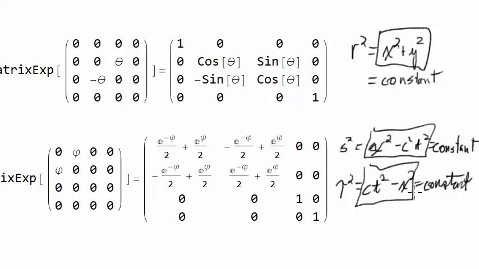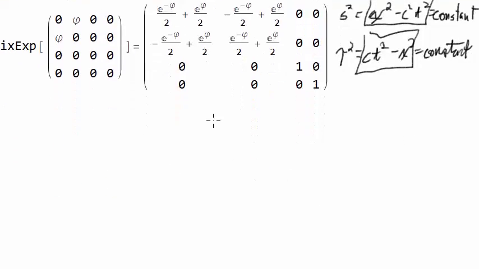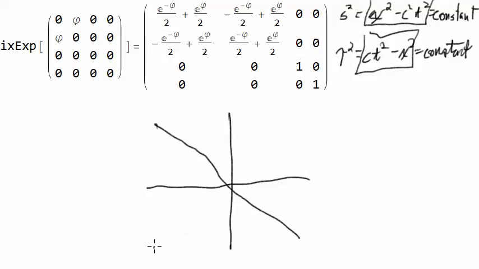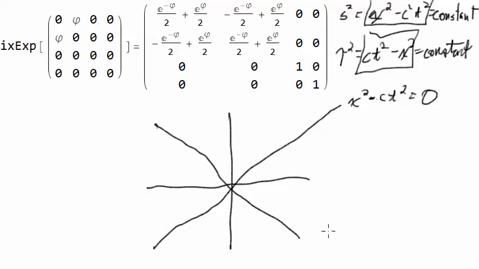And those are in different domains, of course, because if you've got a space-time diagram, along those lines x squared minus c squared t squared is 0, and here x squared minus c squared t squared equals 0.